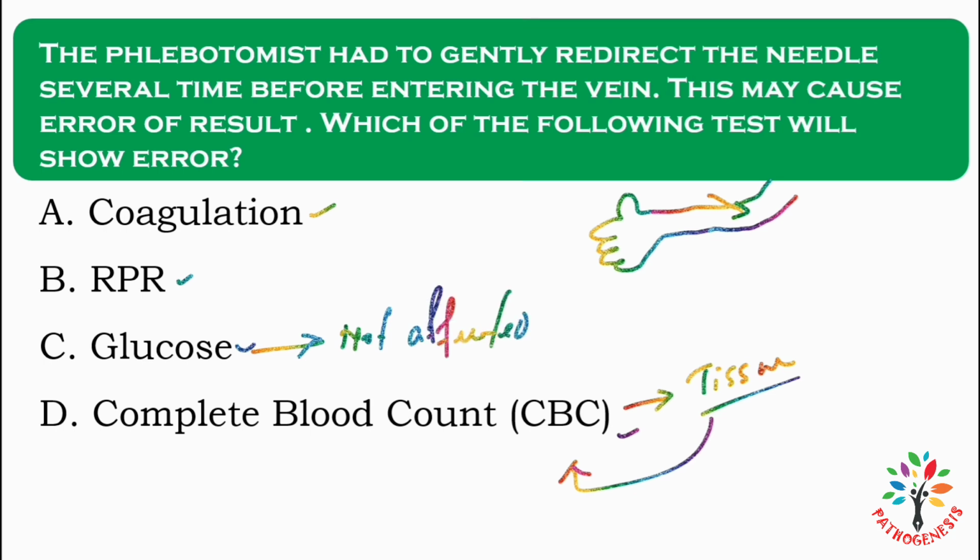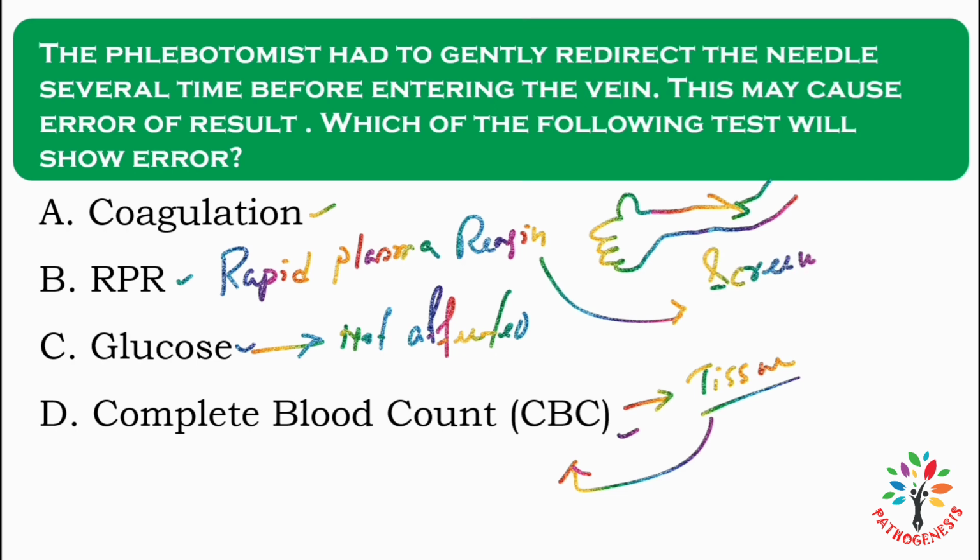RPR means rapid plasma reagin, which is a screening test for syphilis. So the RPR test will also not be affected. Coagulation test will be affected.